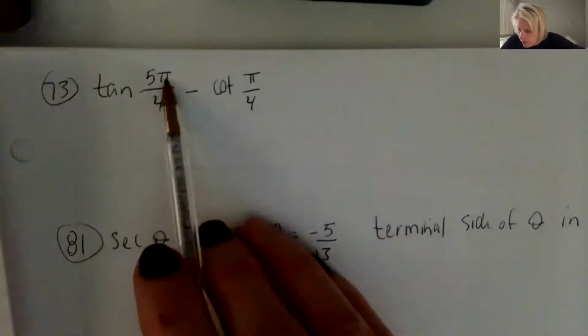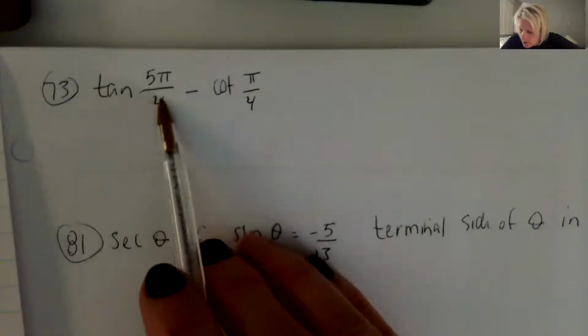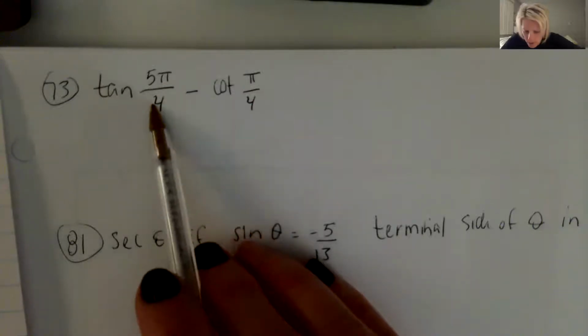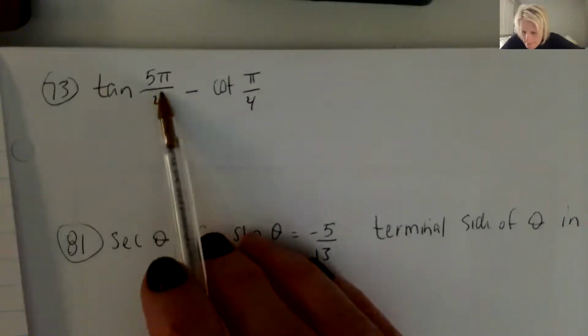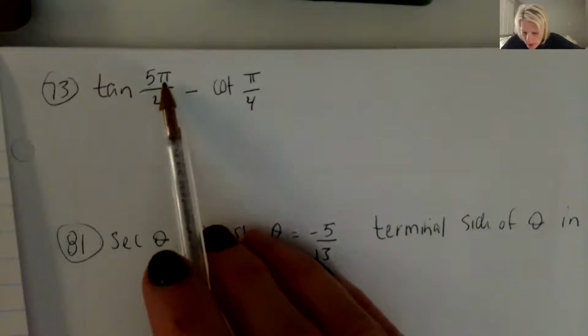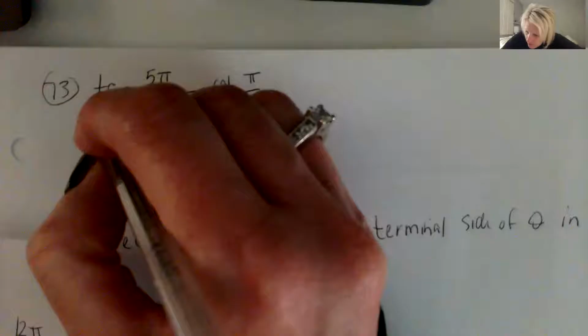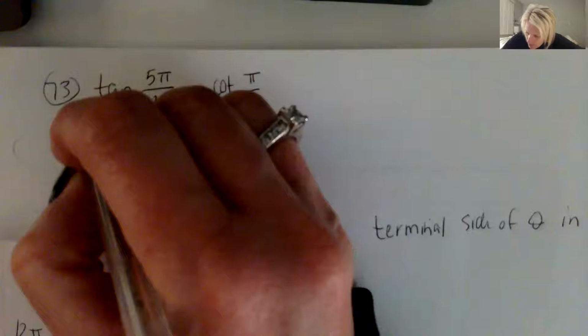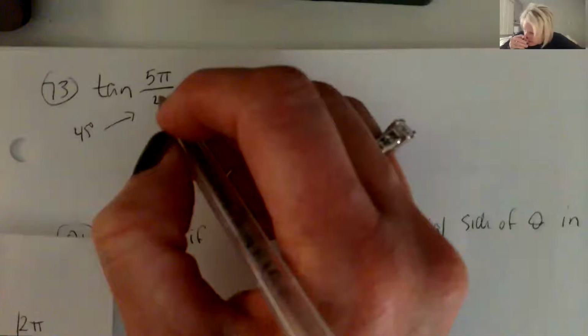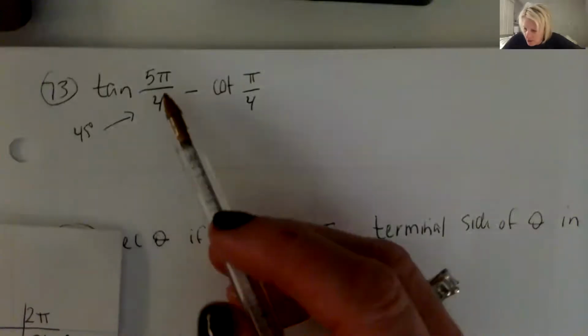So 5 pi over 4 is into this third quadrant by 1/4. So it's a pi over 4 reference angle. It's a 45-degree reference angle.